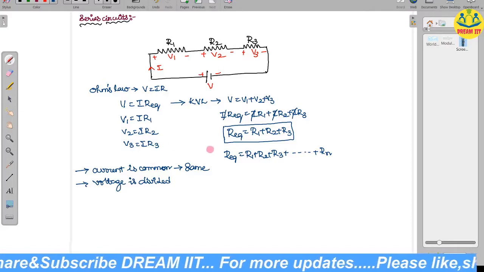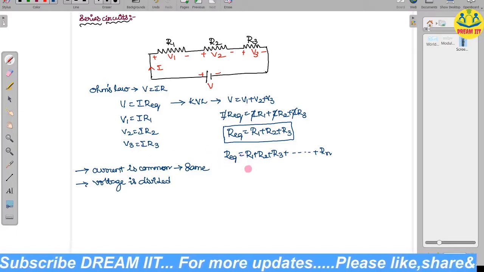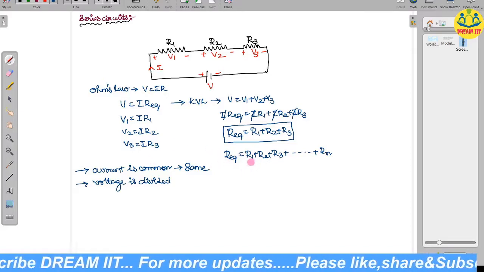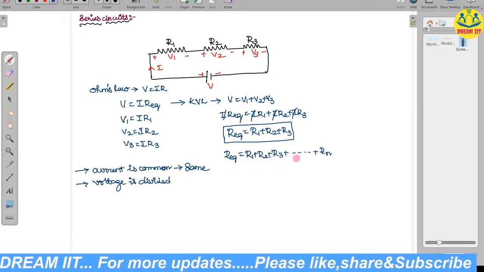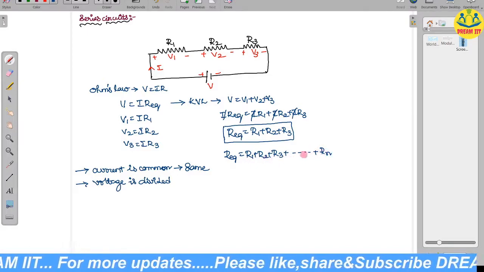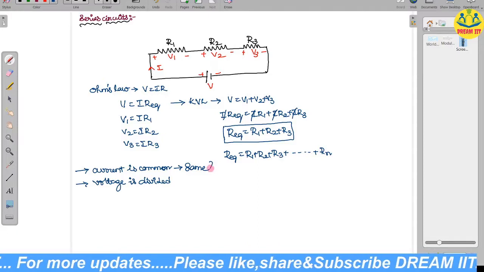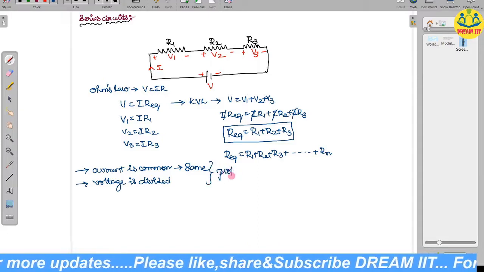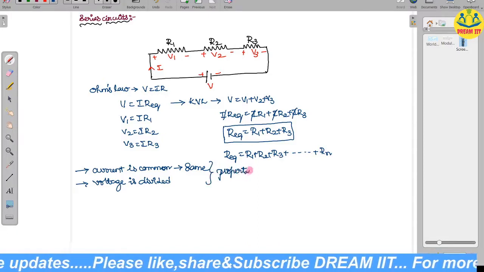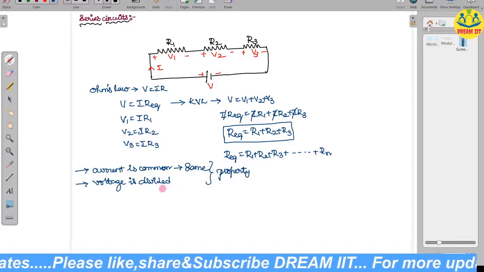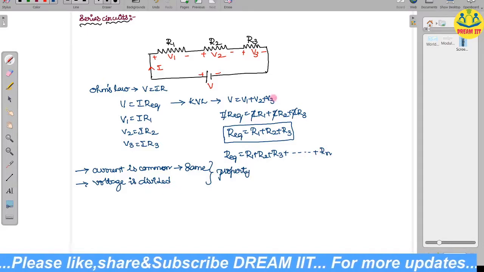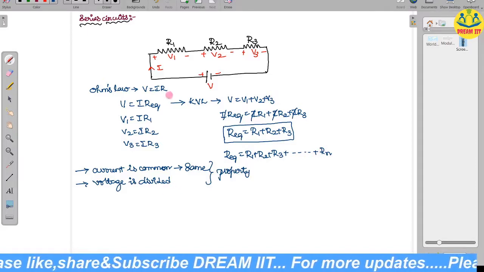So R equivalent whenever you have a series circuit is simply the summation of all resistors, R1 plus R2 plus R3 and so on up to Rn. These two are the properties of series circuits. You have to remember this. I have used KVL and Ohm's law.